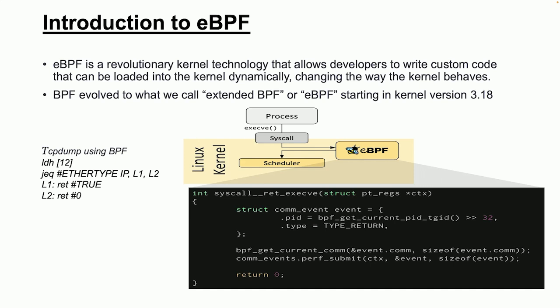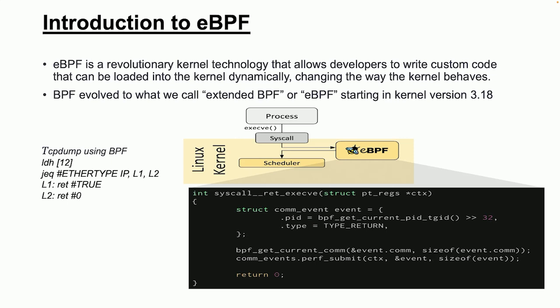So BPF has various mechanisms to verify that whatever code we put in the kernel is proper, that we are not doing any wrong or invalid memory access, and that even if we have some loops in our eBPF custom code, those are finite loops, not infinite loops.